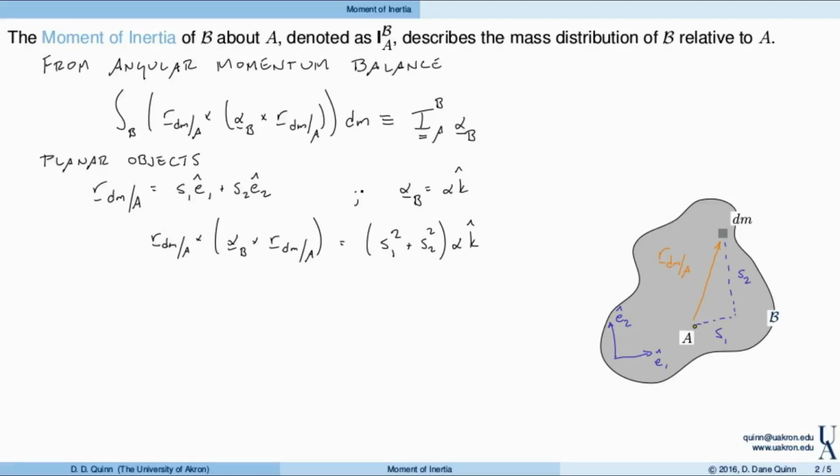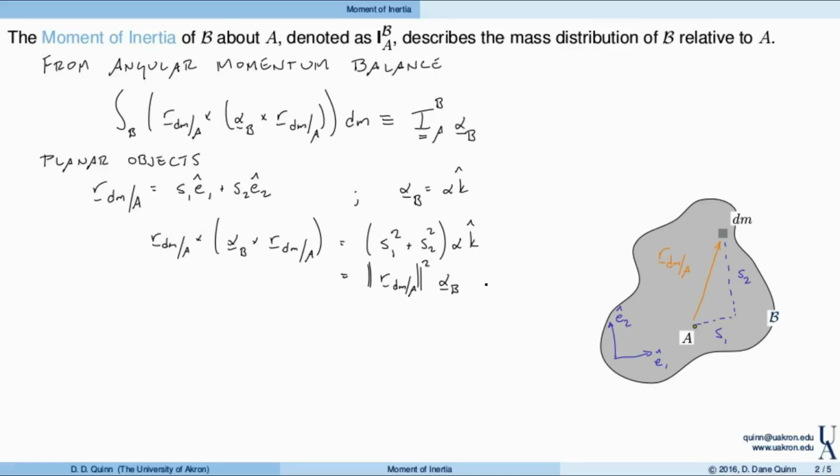And so you might want to pause this and take this expression, put it into r cross r, and verify that you get s1 squared plus s2 squared alpha k. But now, looking at this quantity, s1 squared plus s2 squared, actually is simply the square of the length of the vector r dm with respect to A. So we can actually write this as the magnitude squared times the angular acceleration of the body.